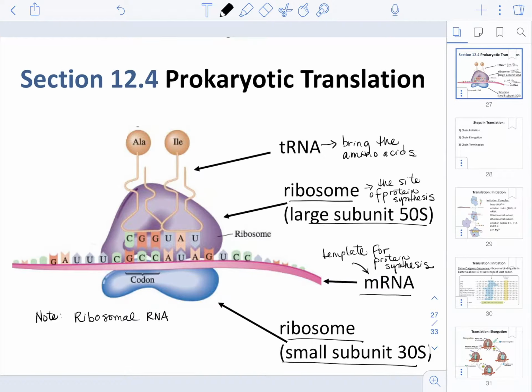It's not illustrated, and it is located at the ribosome.